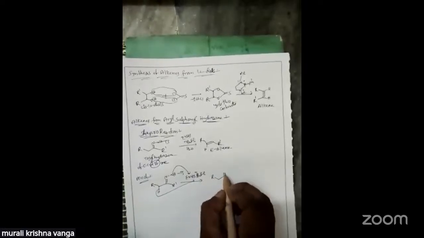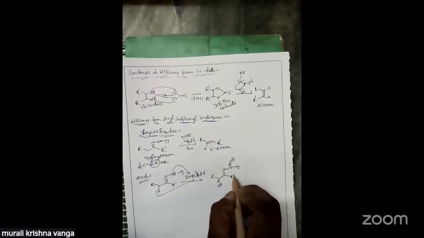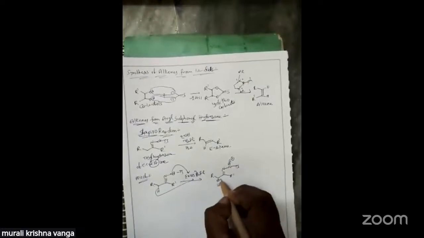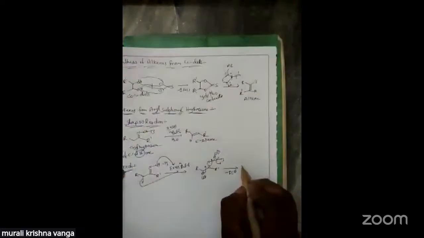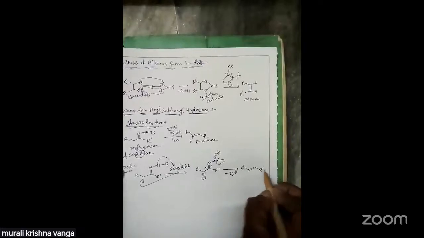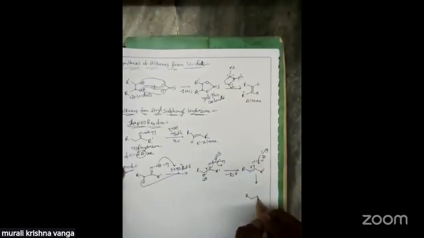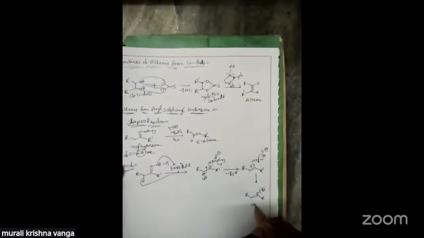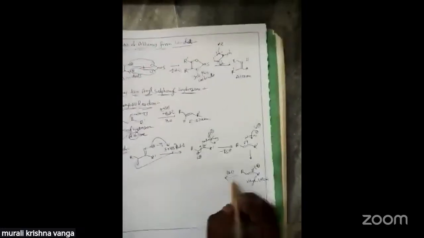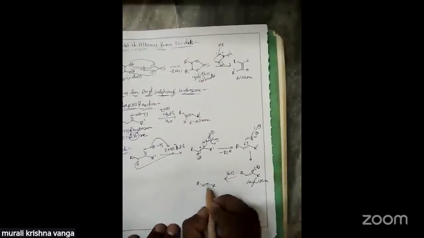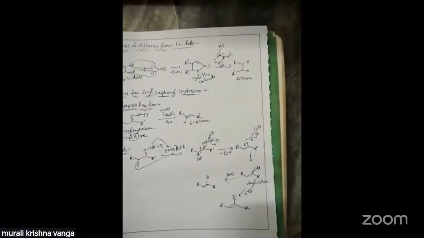Then elimination of the tosyl group takes place, and a vinyl lithium intermediate is formed. This vinyl lithium is quenched with different electrophiles. I am taking a water molecule as the electrophile. If any external electrophile is added, then electrophile addition takes place. This is the Shapiro reaction.